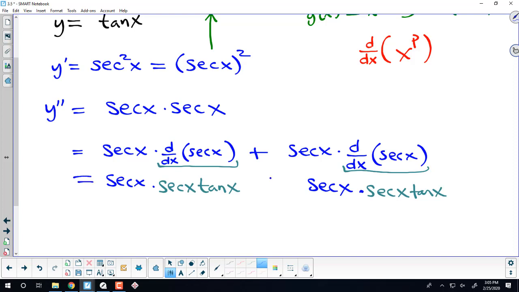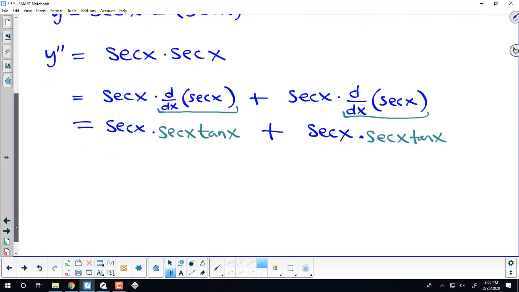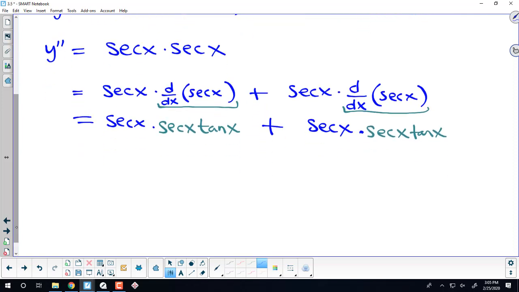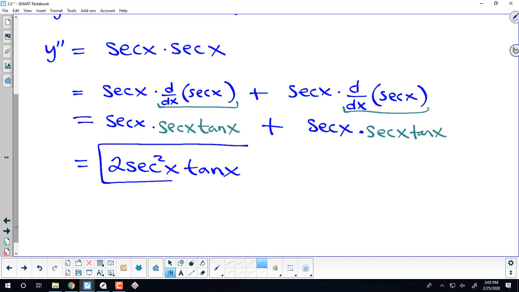And our plus. So we have two of those. We have two secant squared tangent. And that's our y double prime. When our y was y prime, rather.